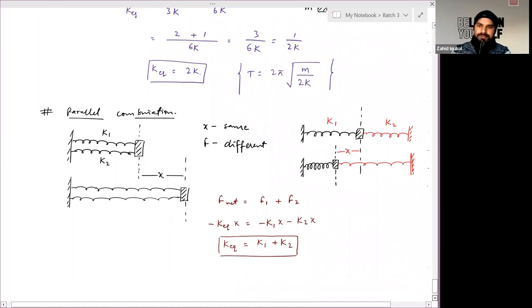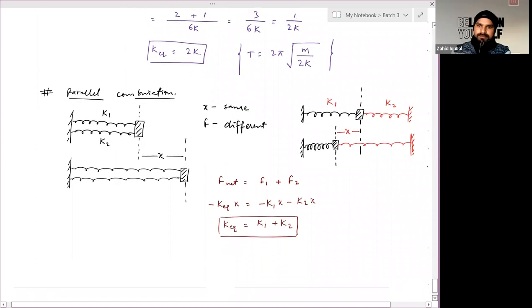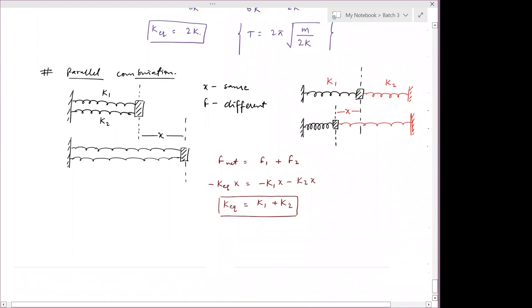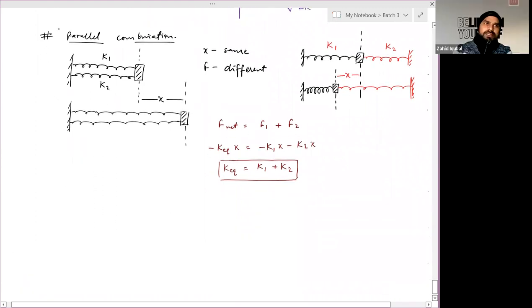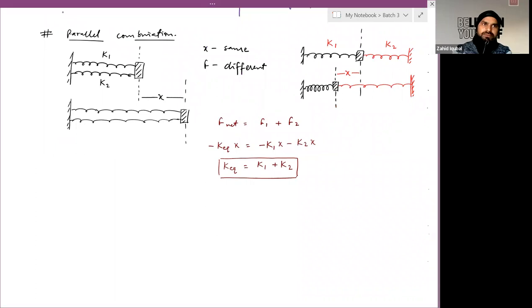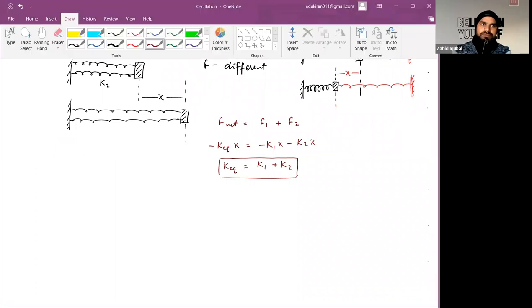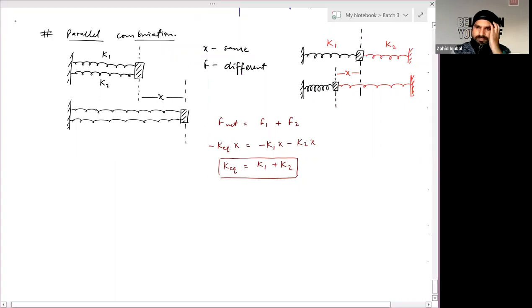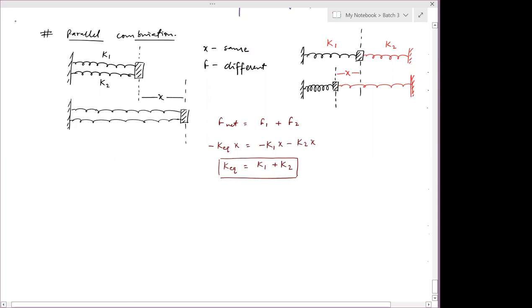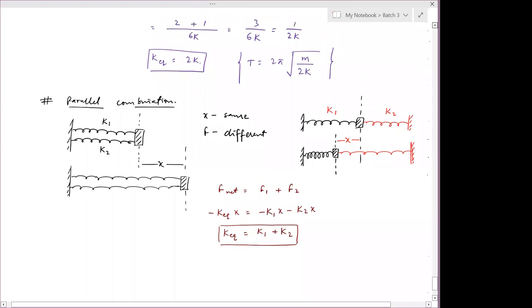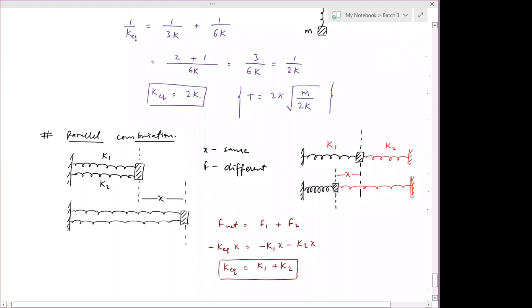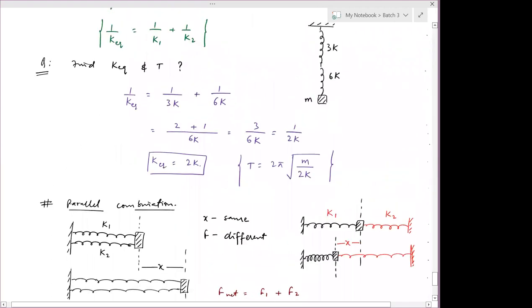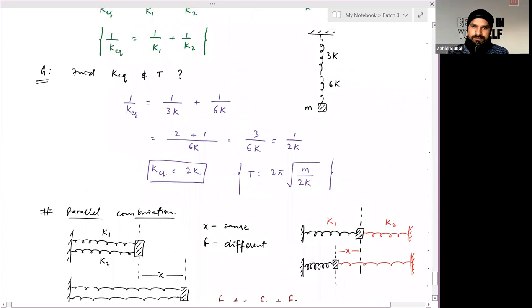Riba, any doubt? No, sir. Just write it down. Sir, can you scroll up? Furthermore, no, sir, I just wanted the diagram, sir.